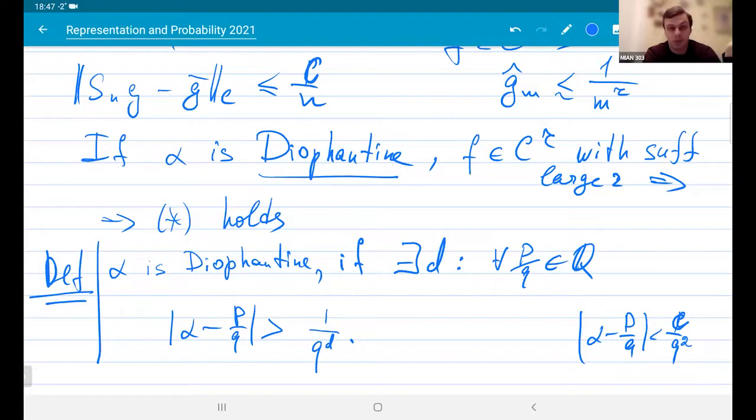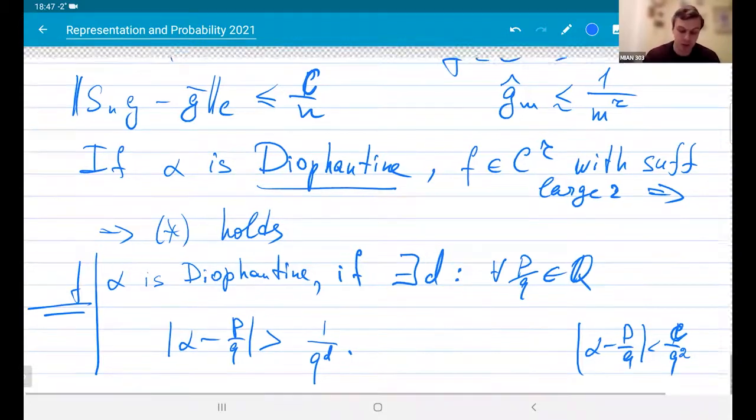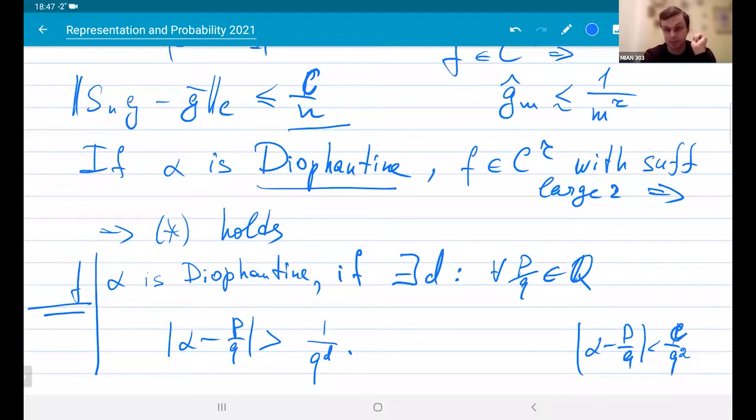And so in this Diophantine case, you have this convergence, very fast convergence to the limit, to this constant. So as you have seen, the rate of convergence is 1 over n.